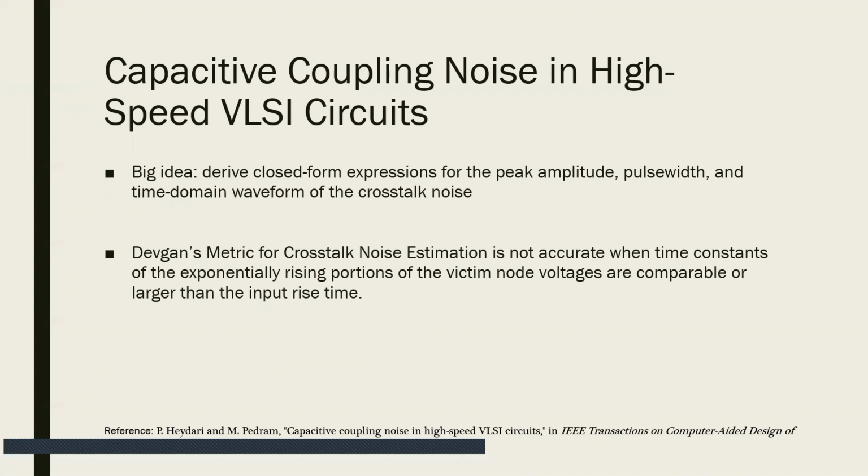The background is that there has been a classic model called Devgan's metric for crosstalk noise estimation. But the issue with this method is that when the time constants of the exponentially rising portions of the victim node are comparable or larger than the input rise time, the noise estimation is not accurate.